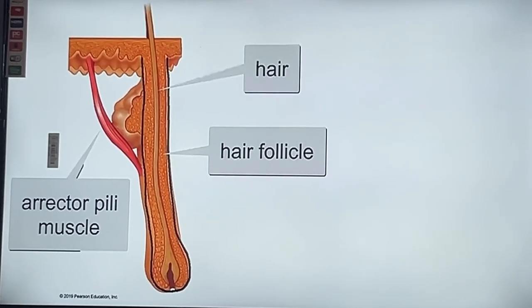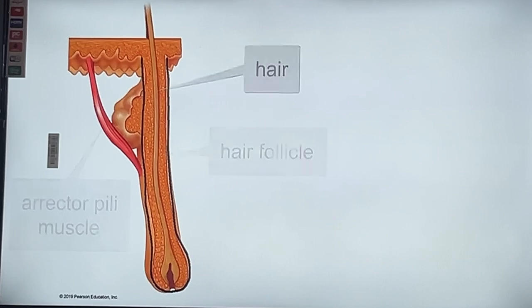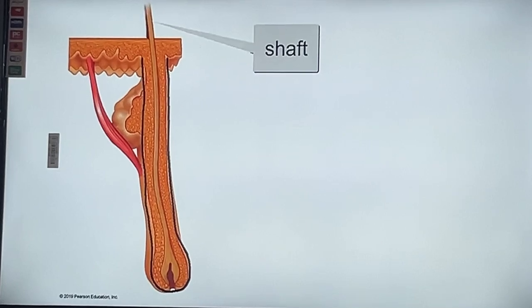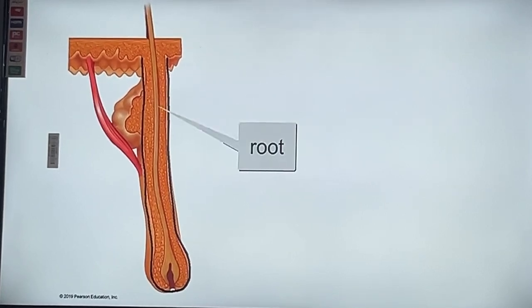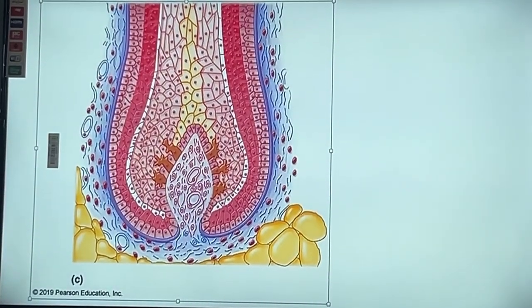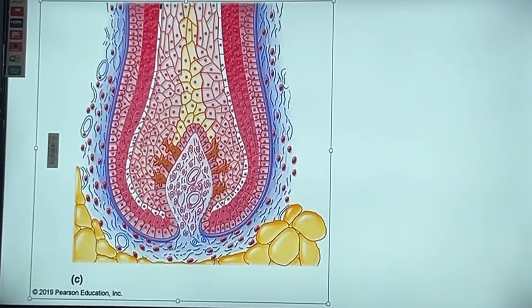And then contained in the hair follicle is the actual hair. Each hair has two regions: the shaft that shows above the surface of the skin and the root that penetrates below the surface. Let's take a closer look at the bottom of a hair follicle to see some more detail.